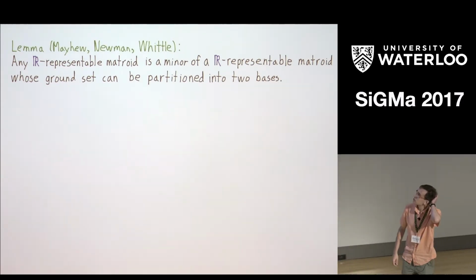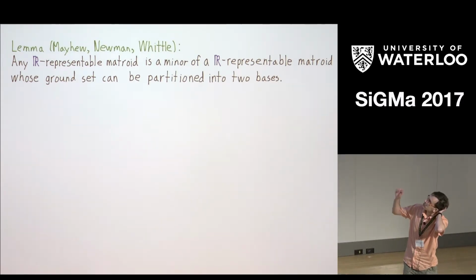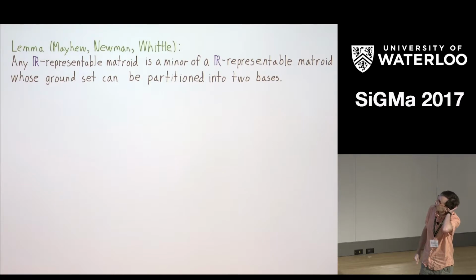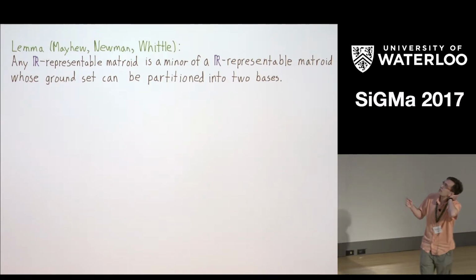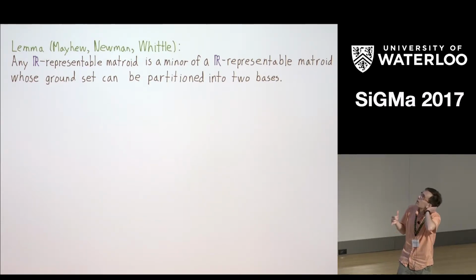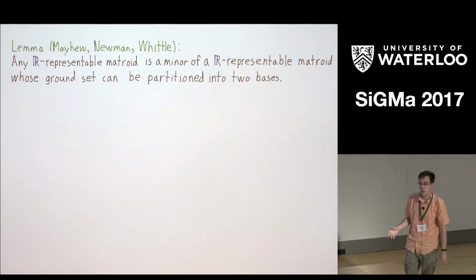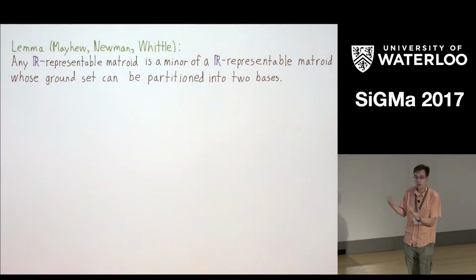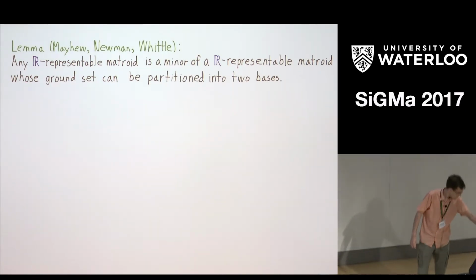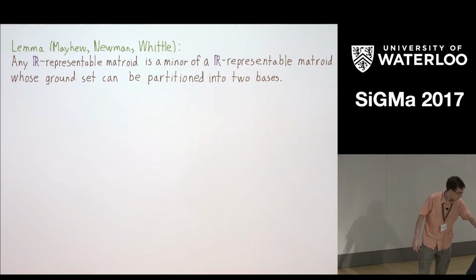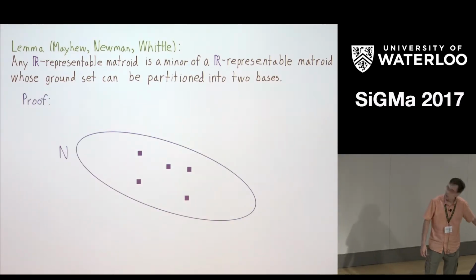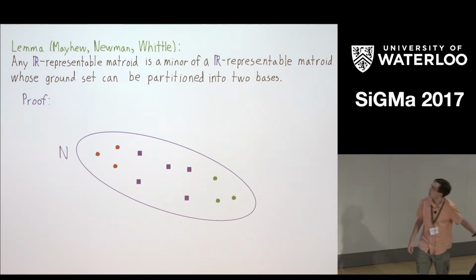First, we start off with a decorating procedure due to Mayhew, Newman, and Whittle, which says that any real representable matroid is a minor of a real representable matroid whose ground set can be partitioned into two bases. Starting off with our matroid N, we freely add two bases.